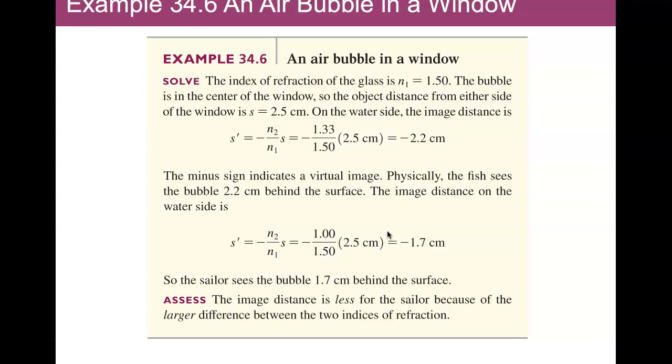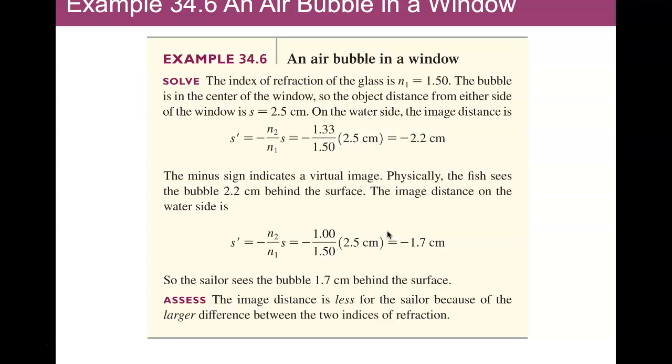There's a convention that says real objects have a positive distance. So S is a positive number from the interface, and virtual images have a negative distance. So this basically implies that the image is on the same side as the object. It's virtual.